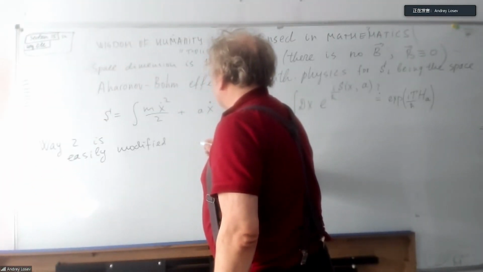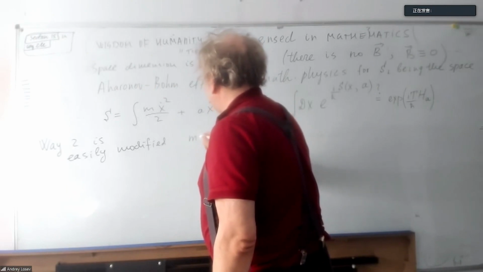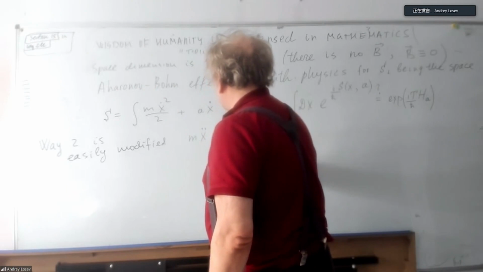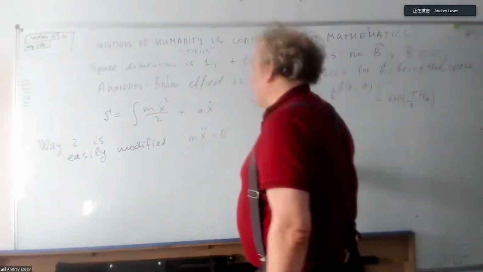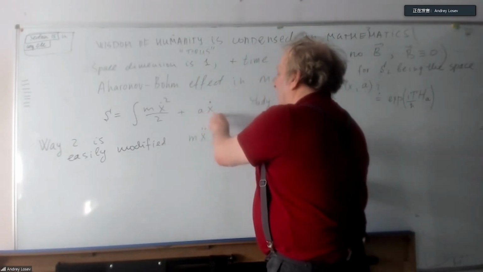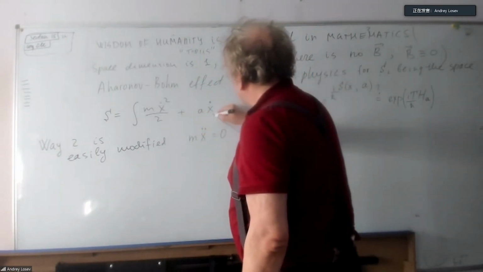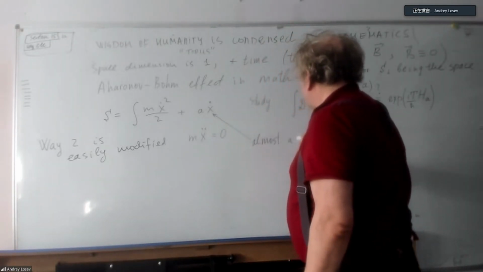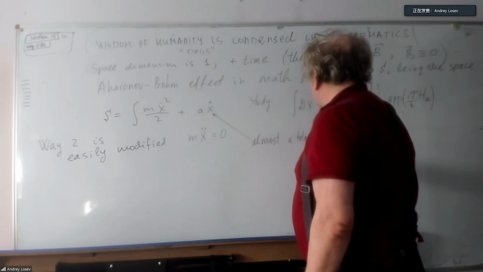So equations of motion are, of course, m x double dot equals 0. Look, this thing is almost a total derivative.